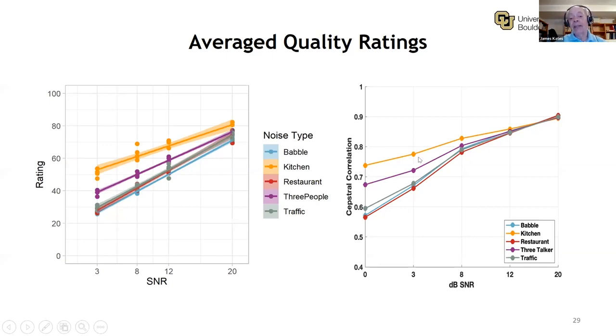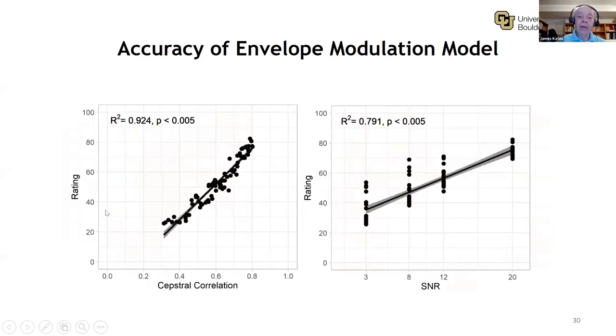All of the calculated values for the kitchen noise are the highest, as they were for the subjects, and the babble is quite low, not necessarily the lowest, but still quite low, and that also agrees with the subjects.